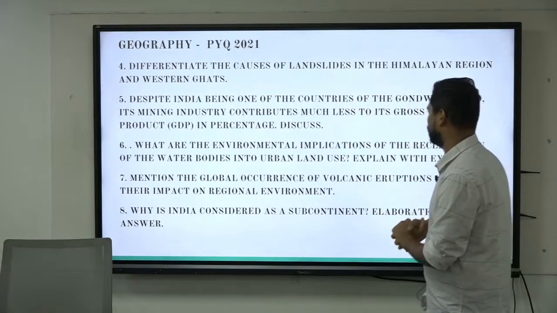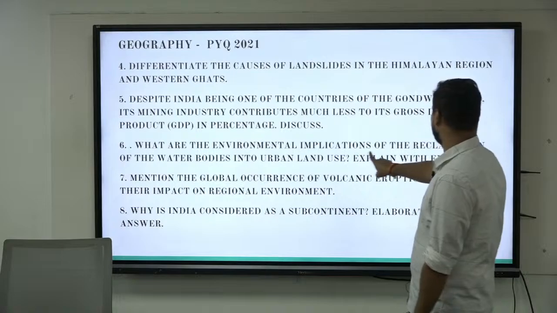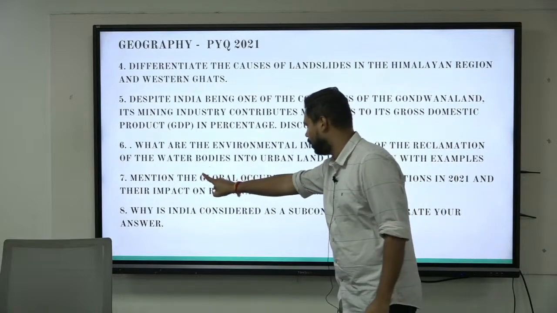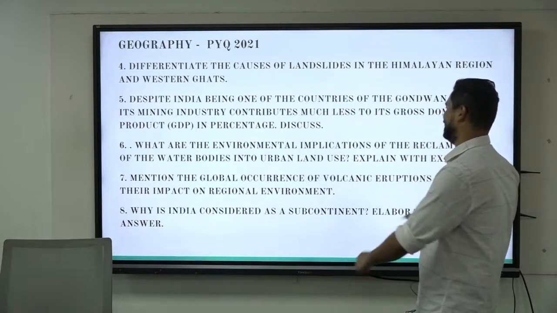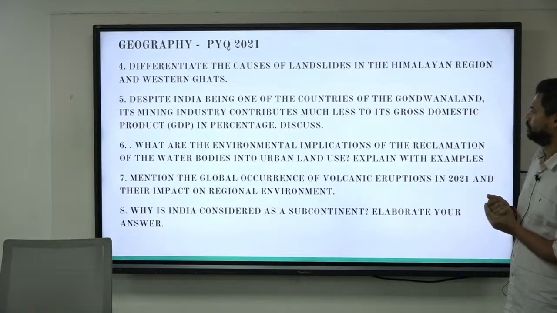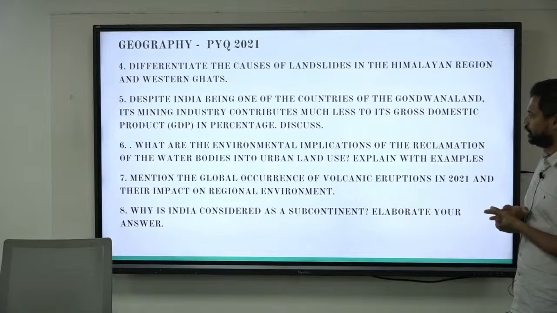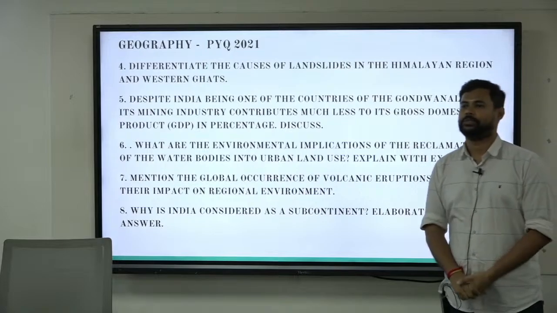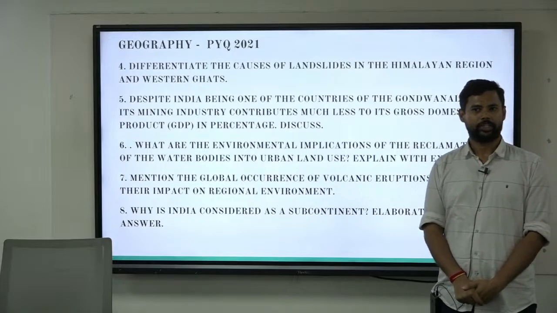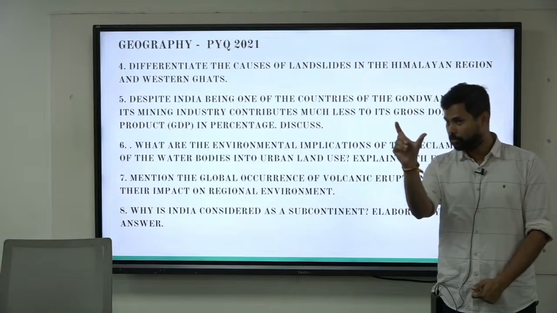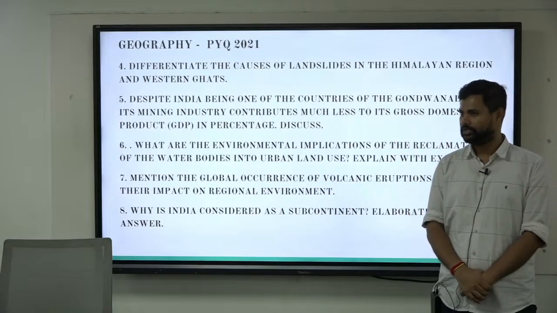Next, what are the environmental implications of the reclamation of the water bodies into urban land use? Explain with examples. What is this? Environmental implications of the reclamation of the water bodies into urban land use. Explain with examples. Urbanization. Tell me the focus of this question. Urbanization. Okay.